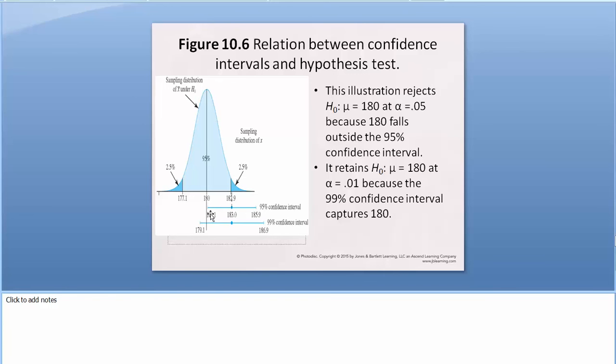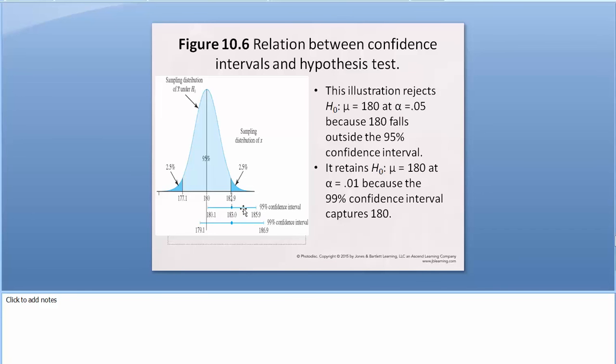No, because this confidence interval begins at 180.1. So the hypothesized mean is not in here, which means you are rejecting the null hypothesis. Even by looking at the confidence interval, you can say that the mean is not 180. In fact, it looks as if the mean has to be somewhat more than 180, because the entire confidence interval is on the right hand side.